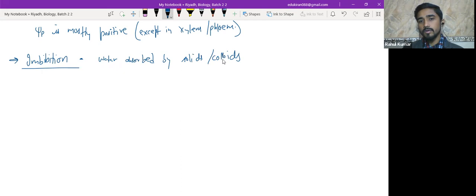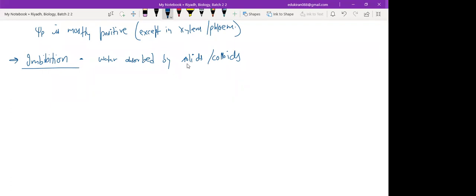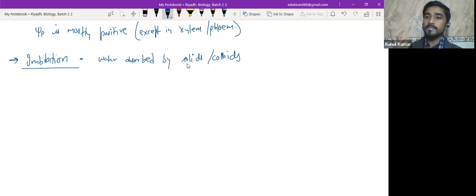You know what is colloids? Colloidal solution. You all must have studied colloidal solution in class 10th. Suspension, colloidal solution, sedimentation, homogeneous mixture. You have not studied these? If you put sugar or salt in water, there's a homogeneous solution.